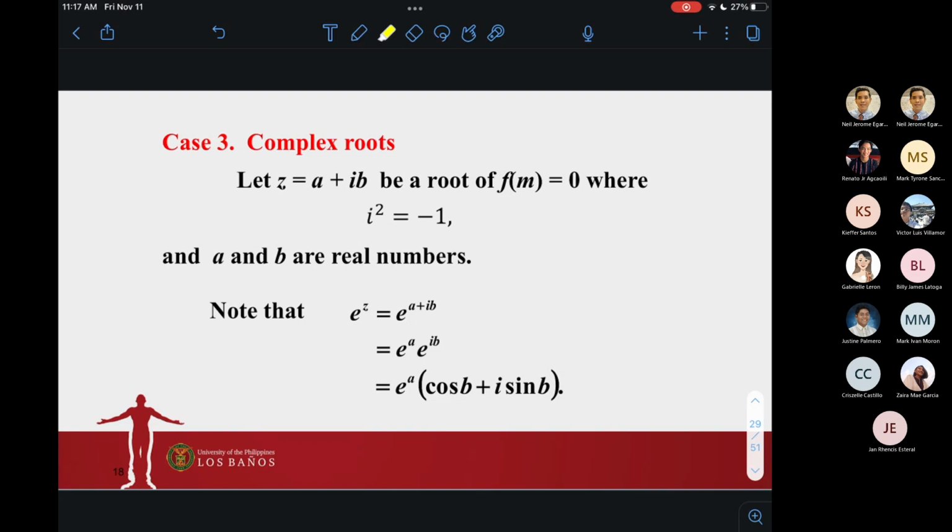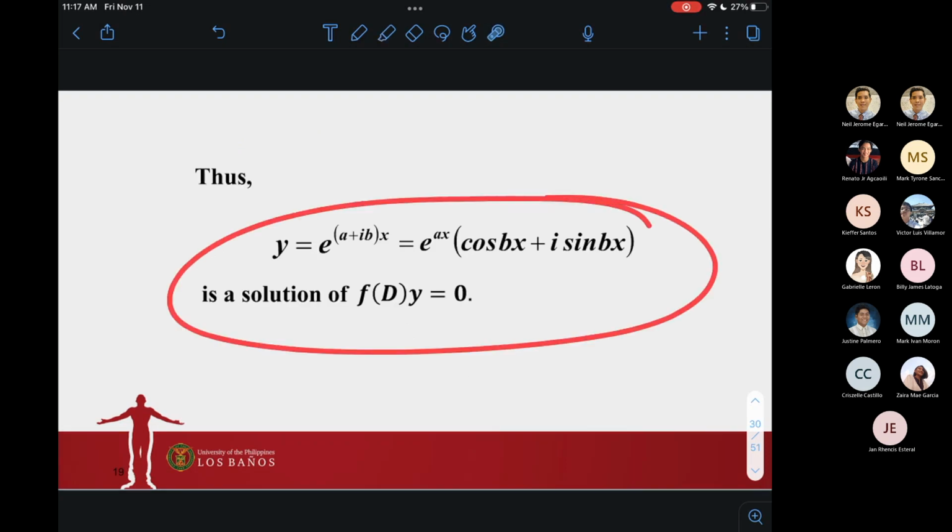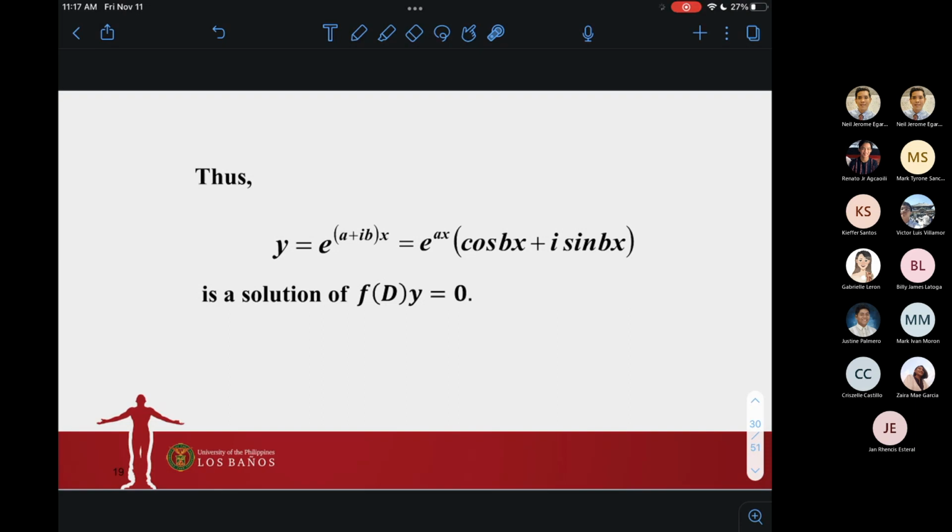Pero before we go there, actually, pwede mo na ma-conclude na yung f of D applied to y ay equal kay 0. We'll have this general solution when the complex number z is a root to the auxiliary polynomial. So halimbawa, si f of z ay equal kay 0.